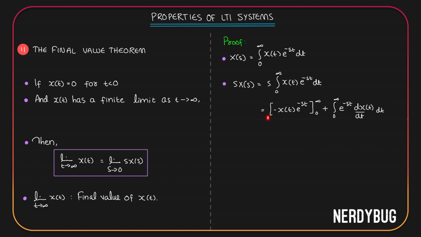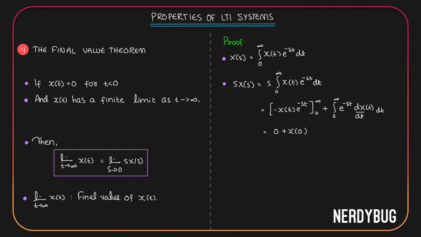Let us give limits here. Giving the upper limit, we have e raised to minus infinity, which is 0. So this will be 0 minus, giving the lower limit, e raised to 0 becomes 1, and over here we will get x(0) with a negative. So it will be 0 minus minus x(0), or plus x(0).